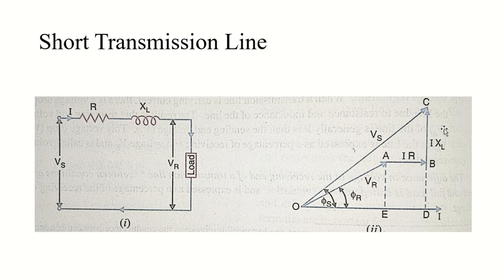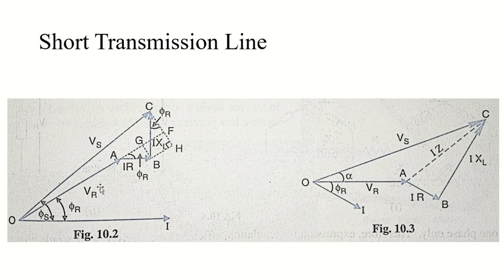We draw a parallel line to that VR vector which will start from point B. So see what we have done. We have taken this VR vector, we have extended it a little, and then we drew a parallel line to this VR vector which started from point B. So we drew that line over here.